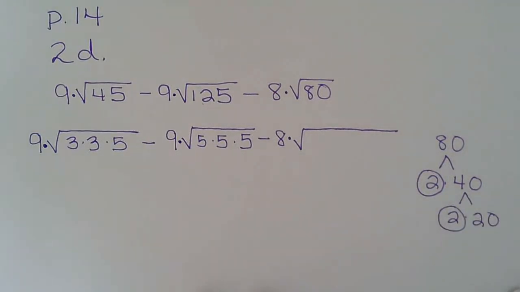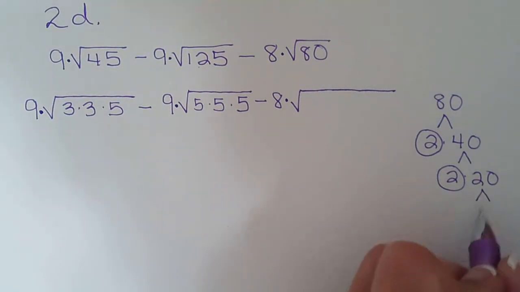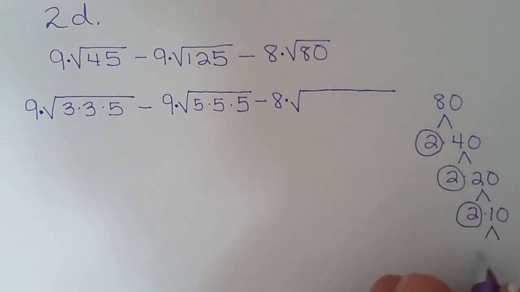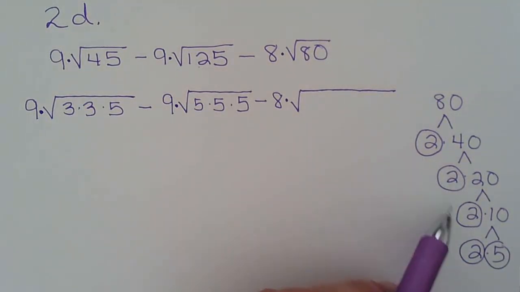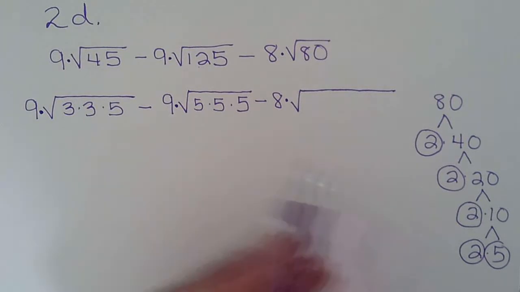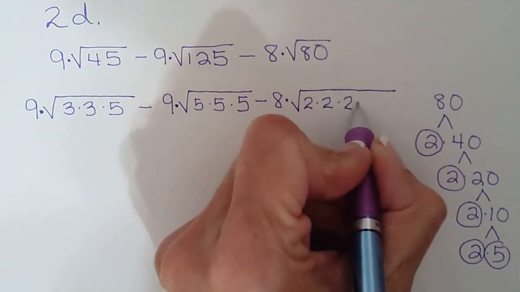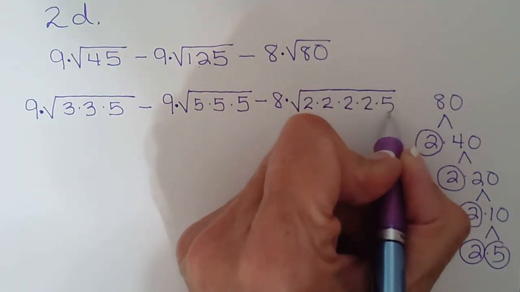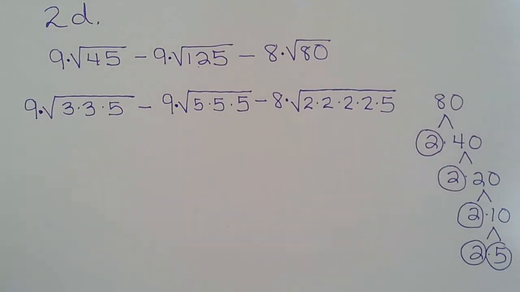Circle the prime. 2 and 10. 2 and 5. So it's looking like 1, 2, 3, 4 2s and a 5. So that one looked a lot harder than it really is.